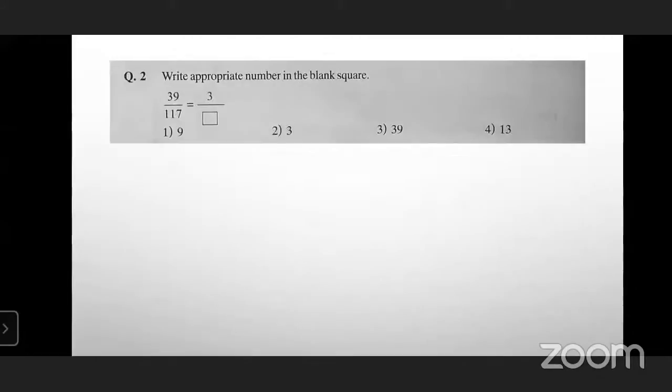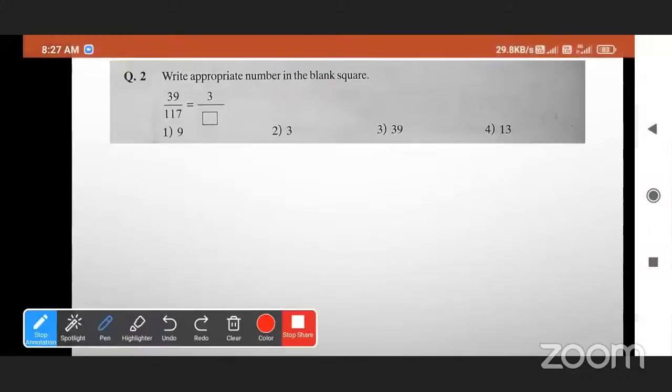Now read this one. Write the appropriate number in the blank square. So here, this is also a question on equivalent fractions. 39 upon 117 equals blank upon 9.